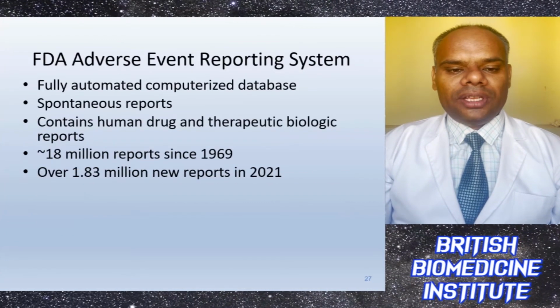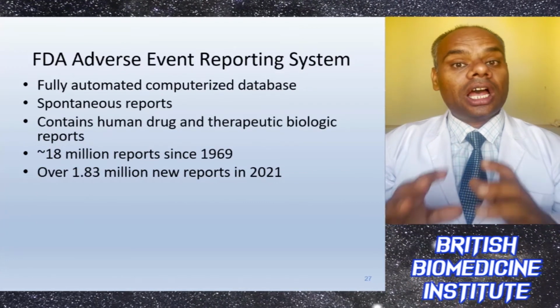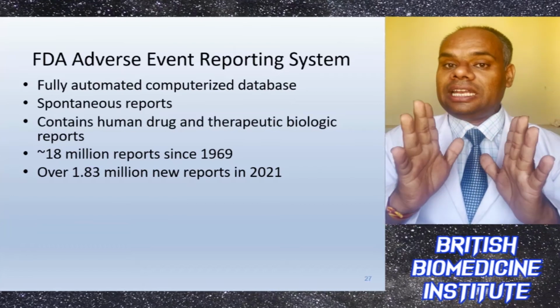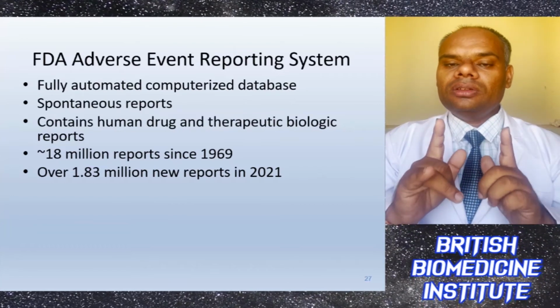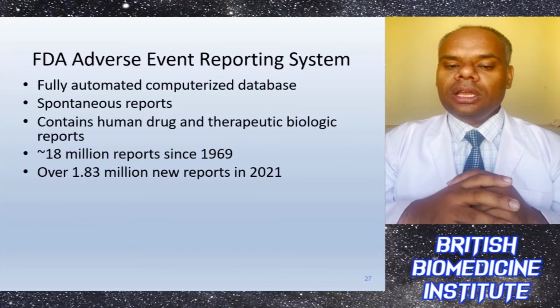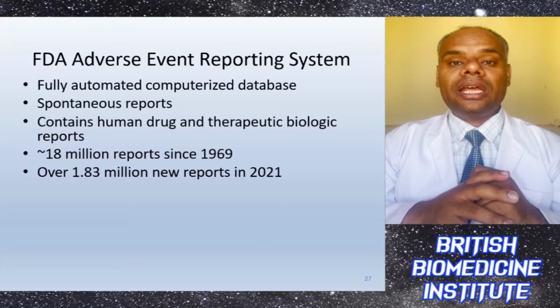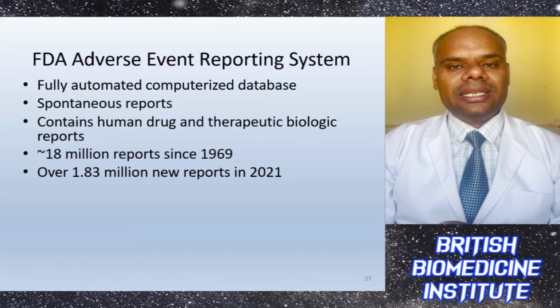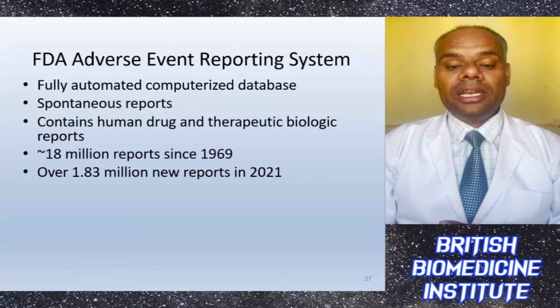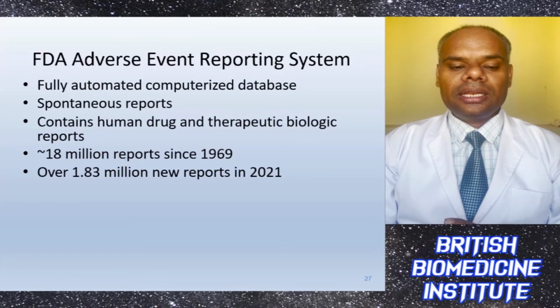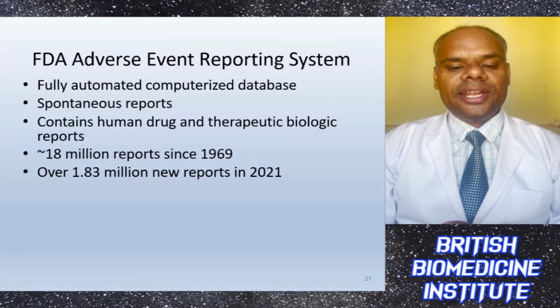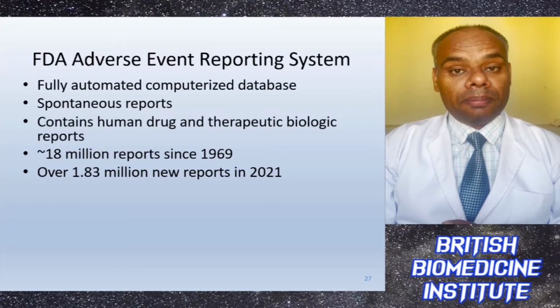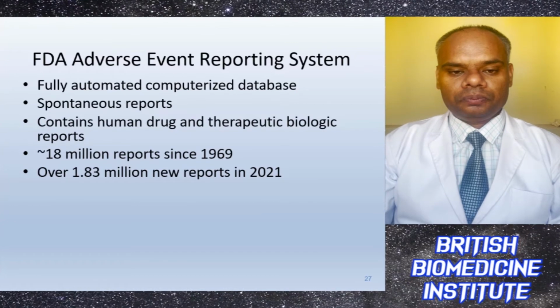The FDA Adverse Event Reporting System, FAERS, is a fully automated computerized database, and we can report spontaneously. It also contains human drug and therapeutic biological reports. Since 1969, 18 million reports are available, and over 1.83 million new reports were submitted in 2021.